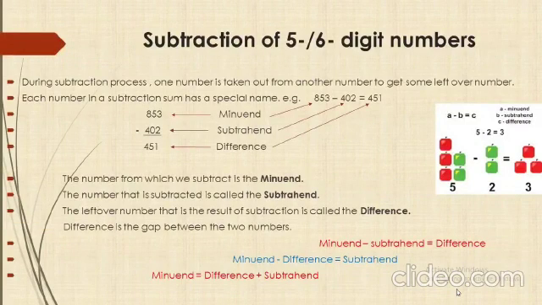Subtraction is nothing but to remove or to take out or to decrease a number from a given number, and what is left over gives you the answer of the subtraction. So we can say that during the subtraction process, one number is taken out from another number to get some leftover number.